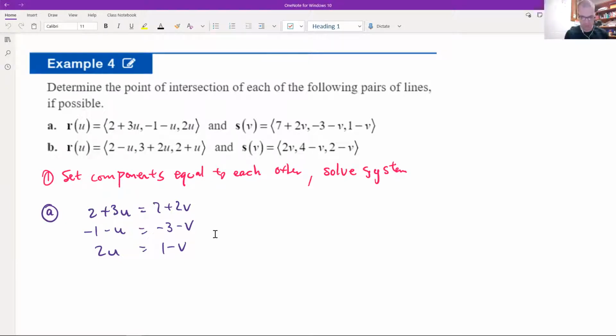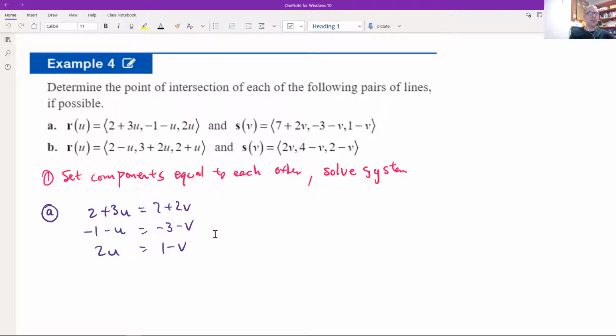And so that is a system of equations with 2 unknowns and 3 equations. So there's a chance that we're able to make this work.